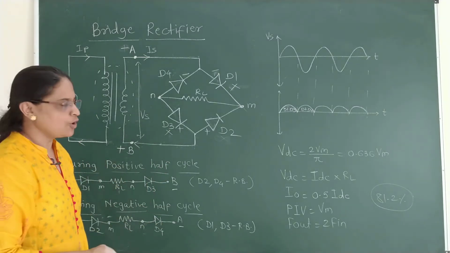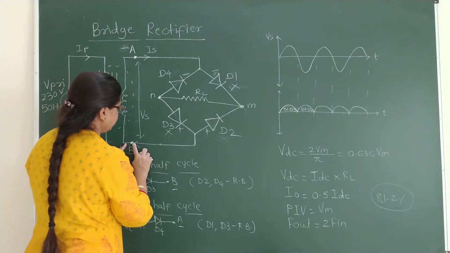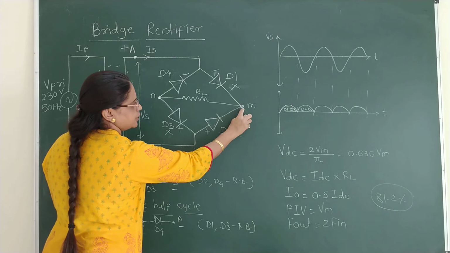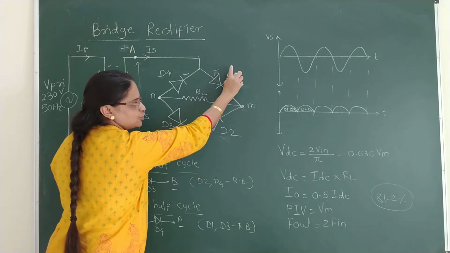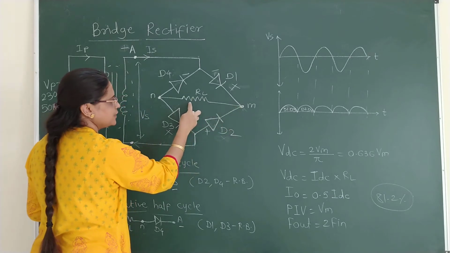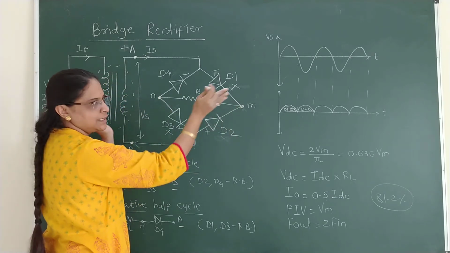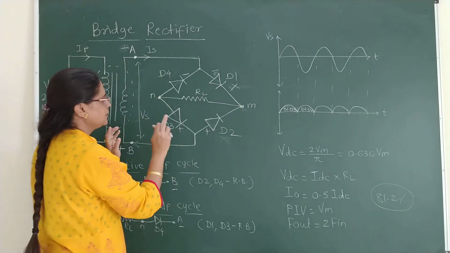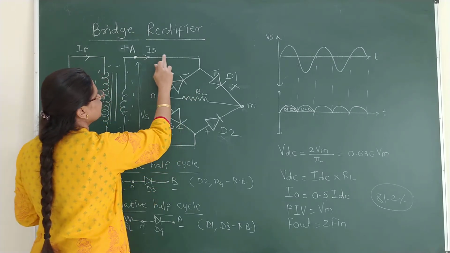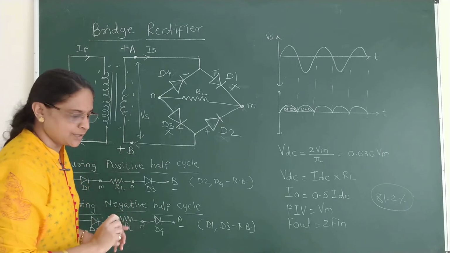So how does current flow occur? From point B, current flows through D2 and comes to point M. It can't flow through D1 as it is reverse biased. It will follow the path of RL. Then again it can be divided into 2 paths, but D3 is reverse biased, so current will move through D4 and return to the negative terminal.